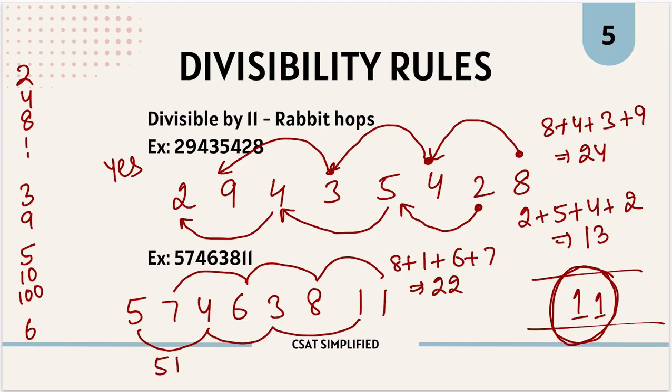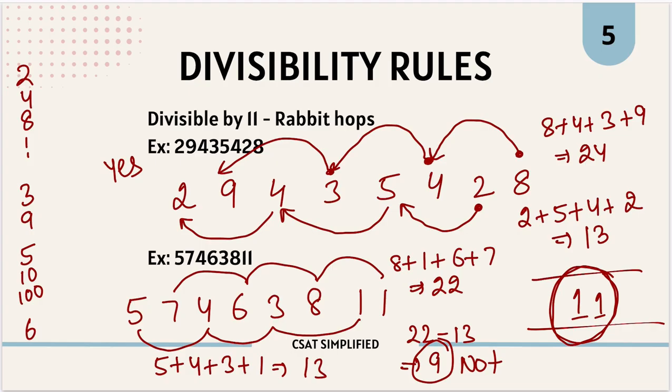So the summation is 5 plus 4 plus 3 plus 1, 9 plus 1 is 10 plus 3 is 13. So 22 minus 13, you are left with 9. So we'll say this is not divisible by 11. Hence this complete number is not divisible by 11. I hope this is clear.